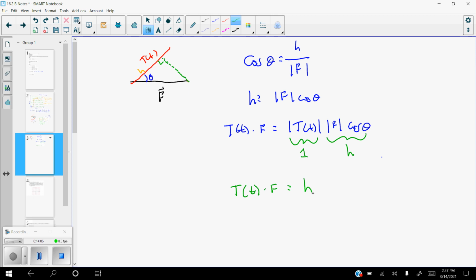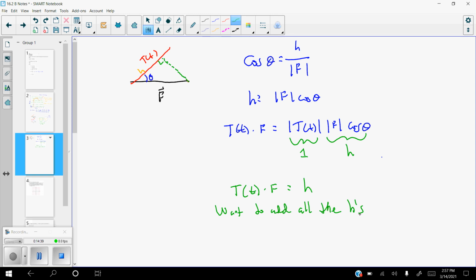So ultimately what we want to do, in order to figure out how much this force is helping us, is to add up all of the h's. Since h is the dot product of the force and the unit tangent vector, that's the stuff that's in the direction of the tangent vector.